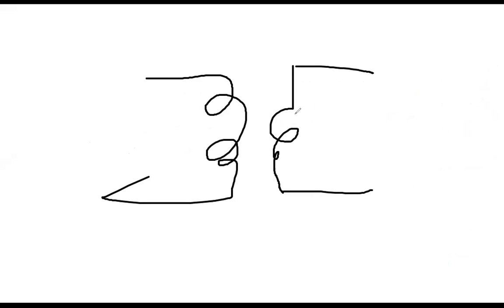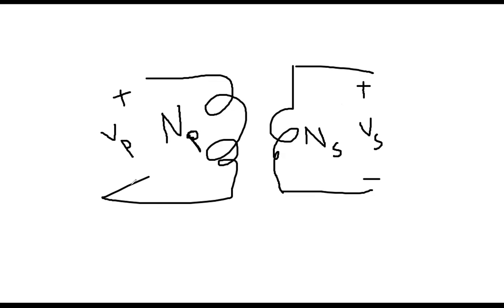This is the primary, secondary. So it has the number of turns. Sorry, this is NP, and this side is NS, secondary. And then the voltage build up here on the secondary side, which is Vs. So in this side, the voltage is Vp. Okay, so therefore concentrate here.